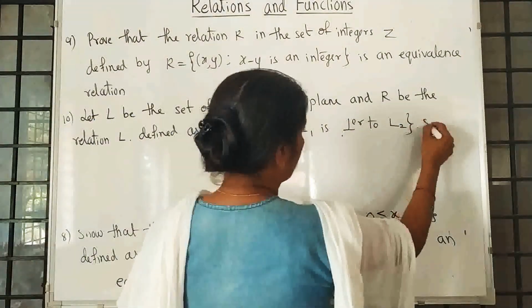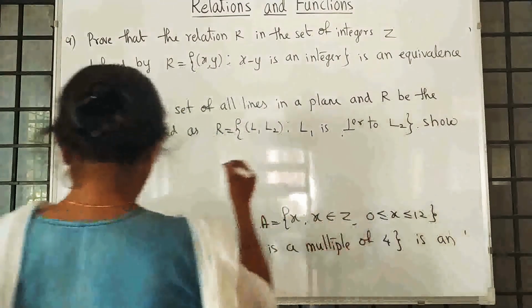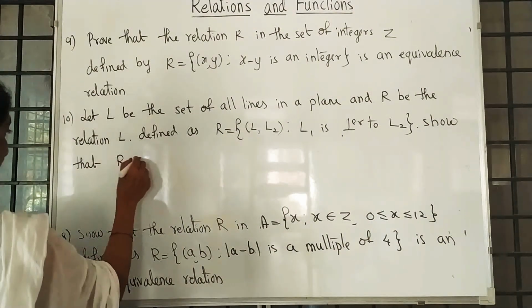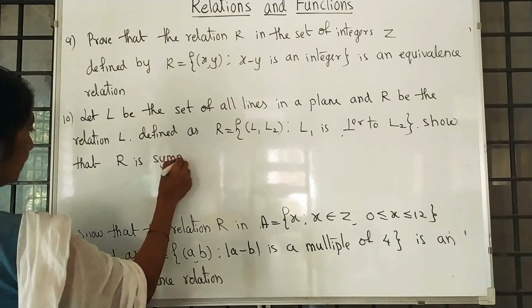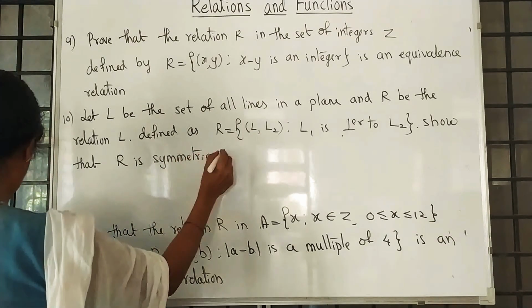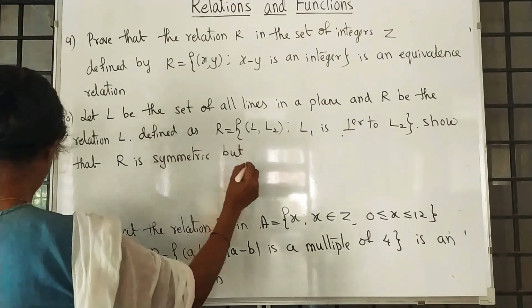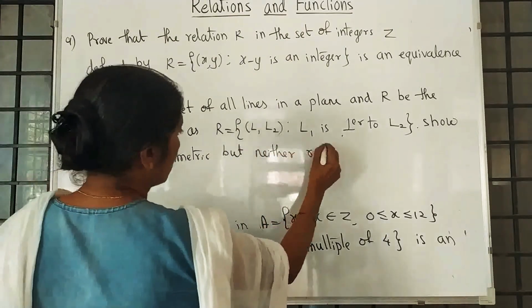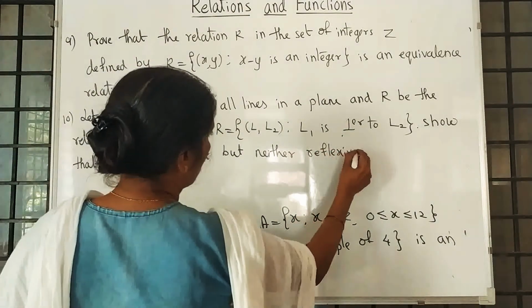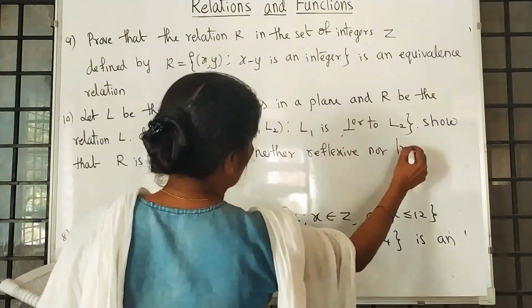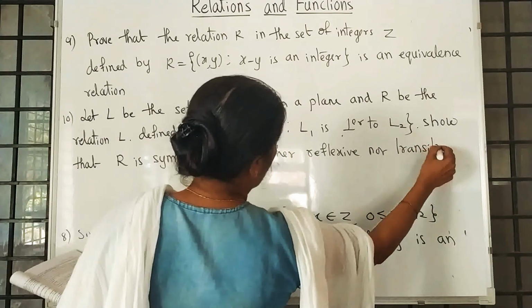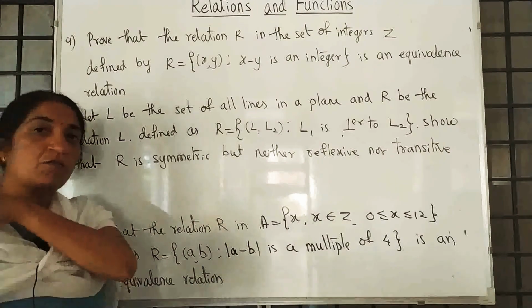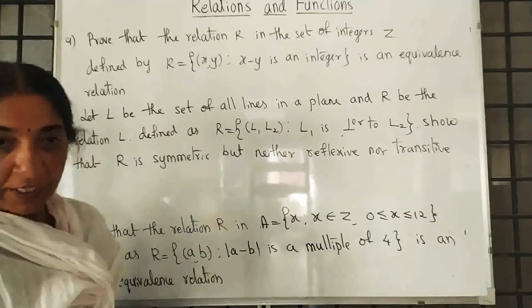Show that R is symmetric but neither reflexive nor transitive. So these are the expected questions in part C for 3 marks for question number 25.